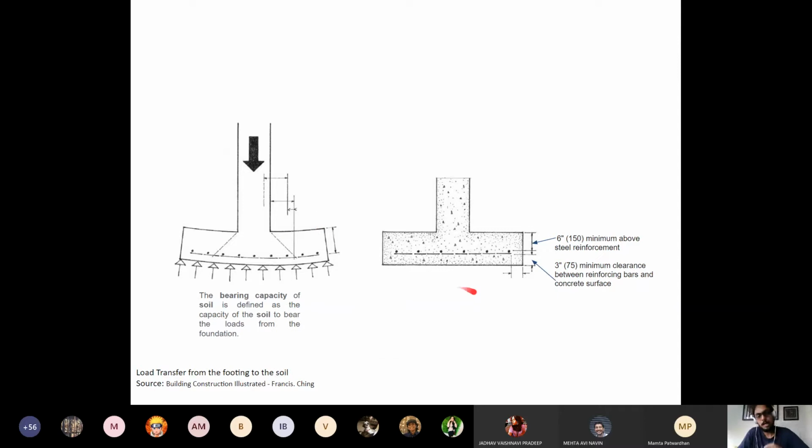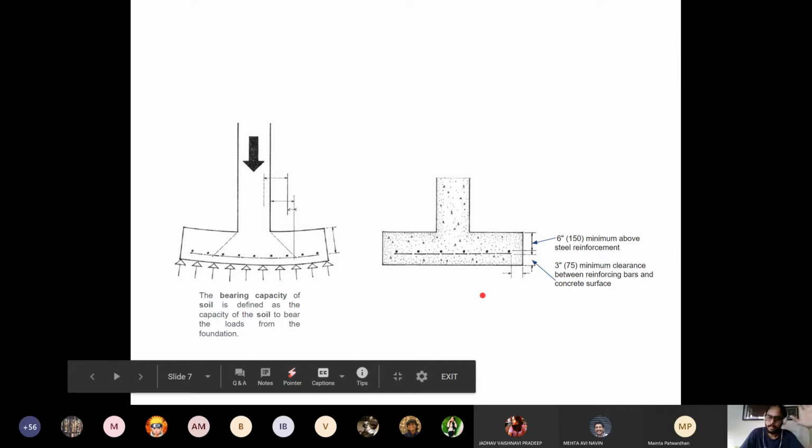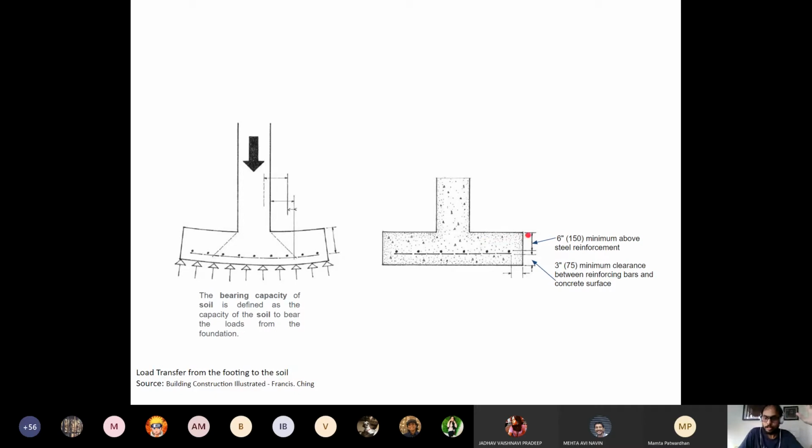As a basic minimum, a concrete foundation should be of a depth of 6 inches plus 3 inches, plus your reinforcements in between.